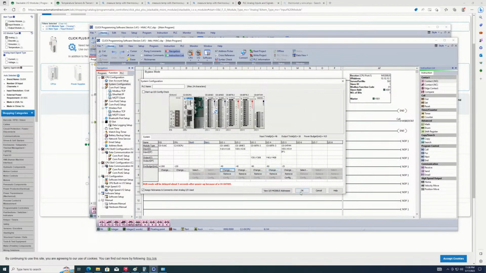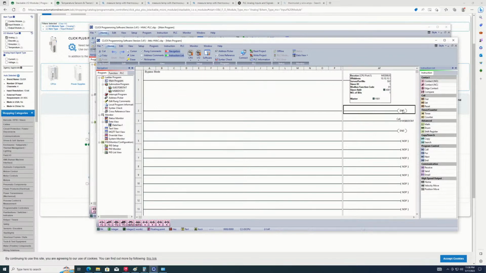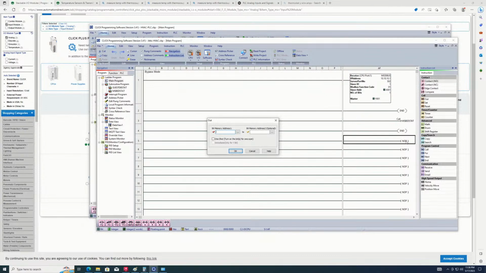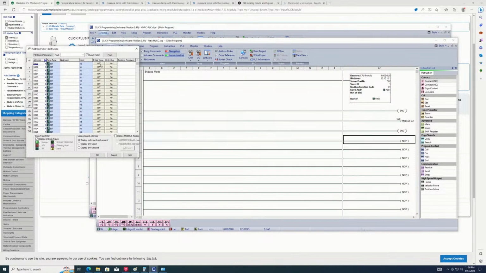So if I go to, I think if I set that to be the last one to fire up. So if we go to our address picker, you have this initial value here.